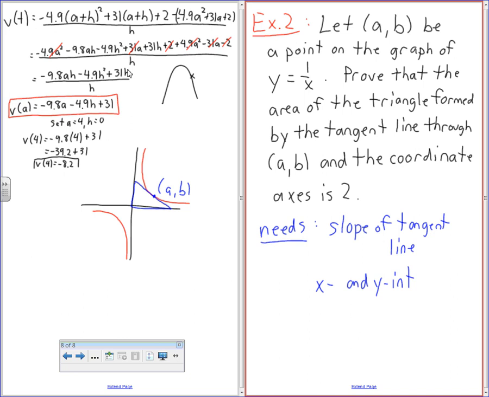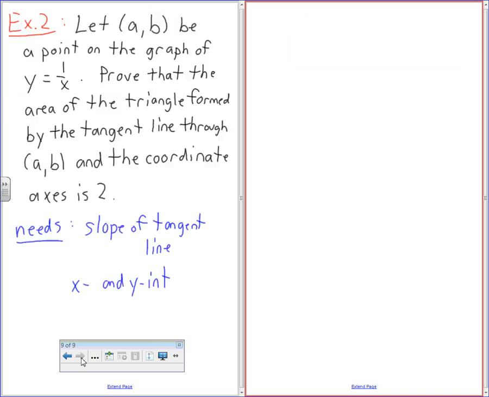Good. So our point we're going to call A and 1 over A. The reason I want to do that is because all of a sudden I've changed that point A comma B into something with the same variable twice, which is going to make things a lot easier for us.